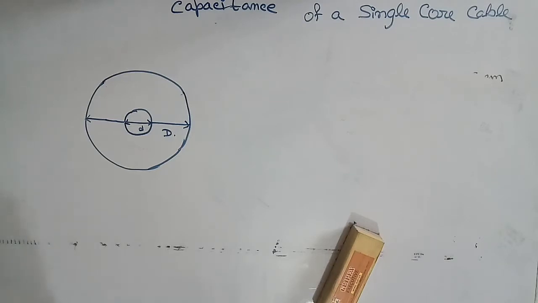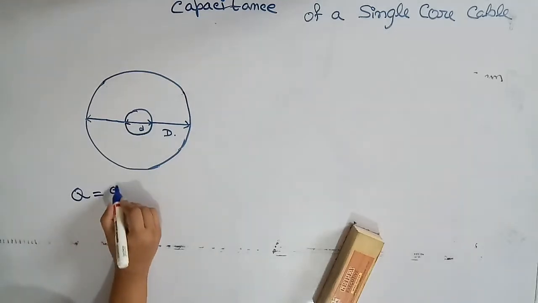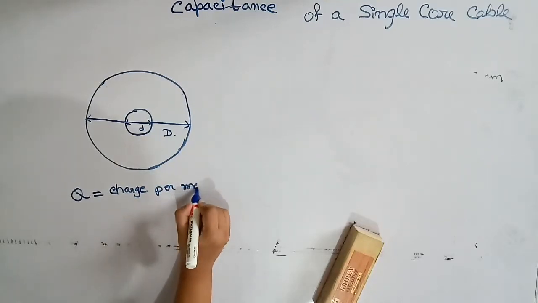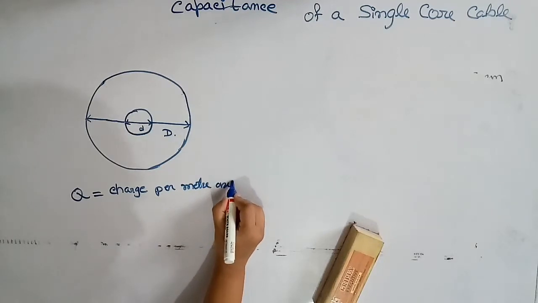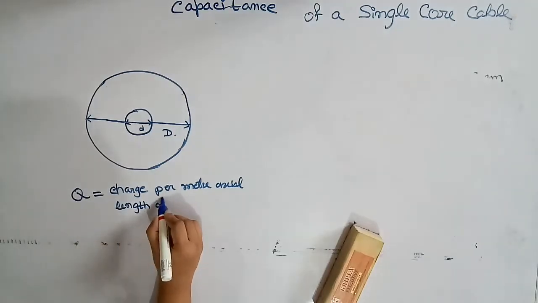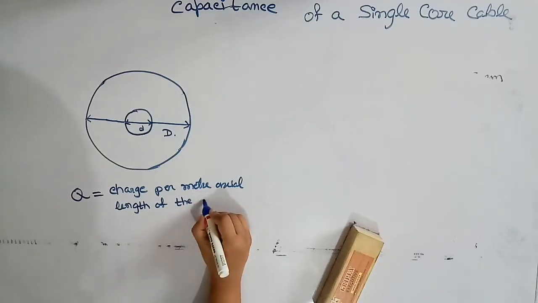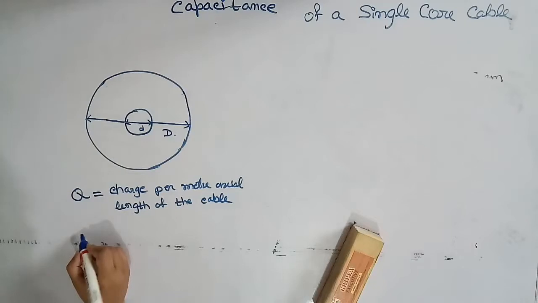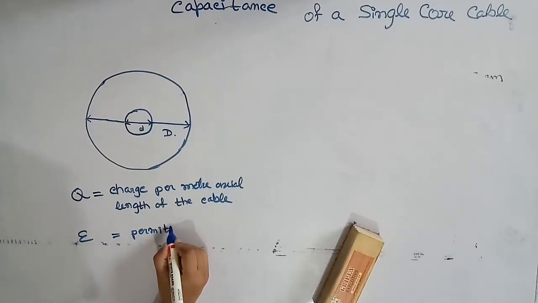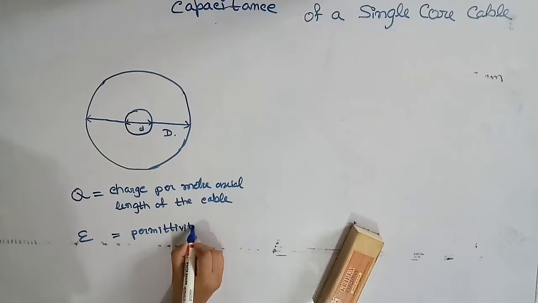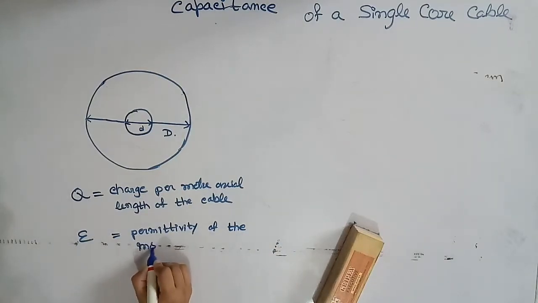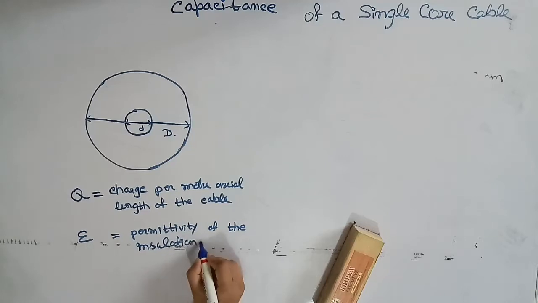Now let Q be the charge per meter axial length of the cable, and epsilon is the permittivity of the insulation material.